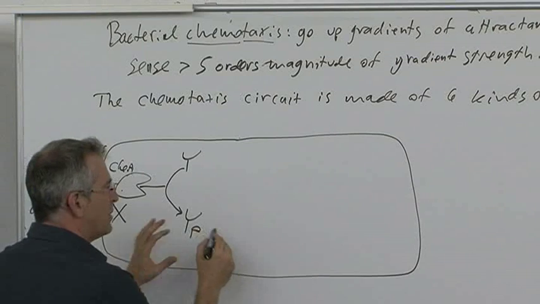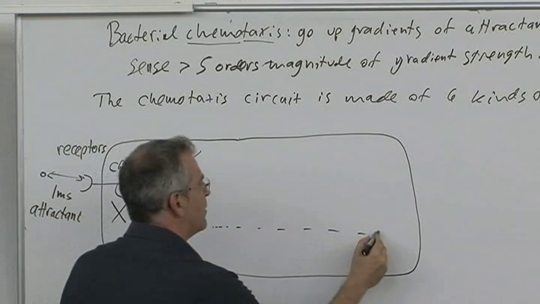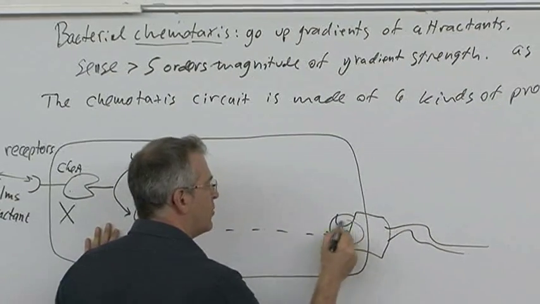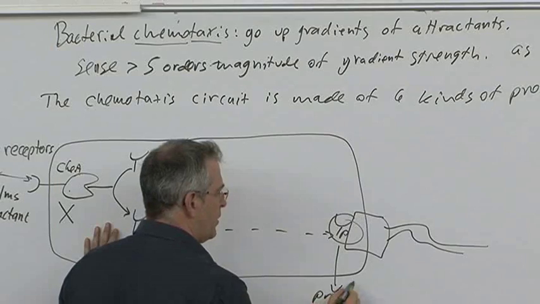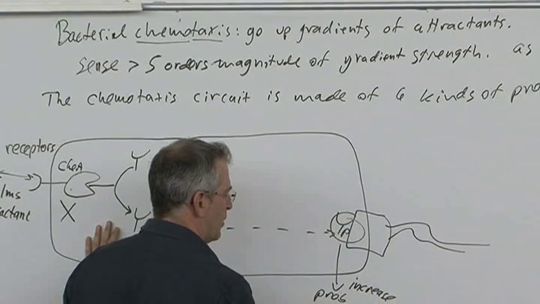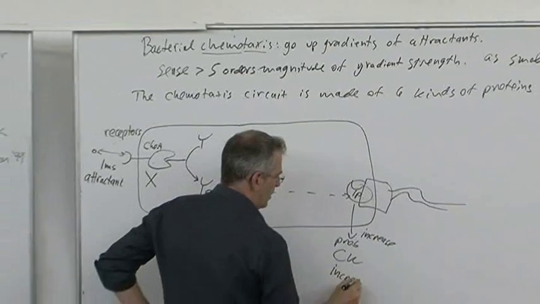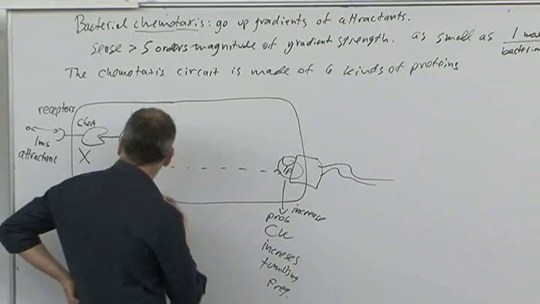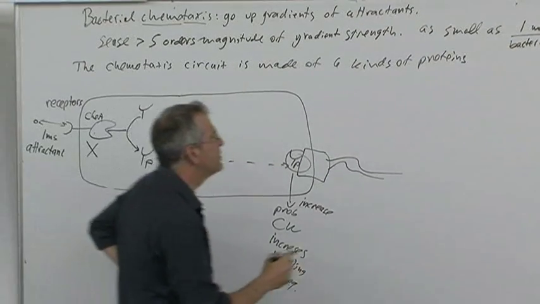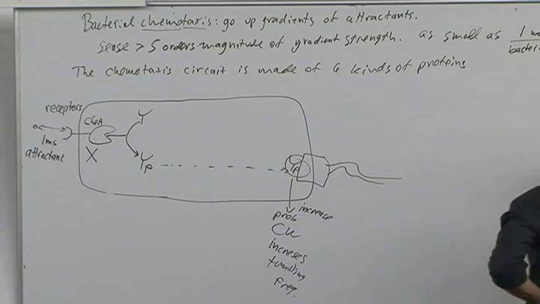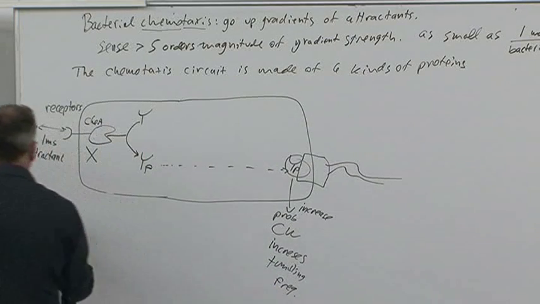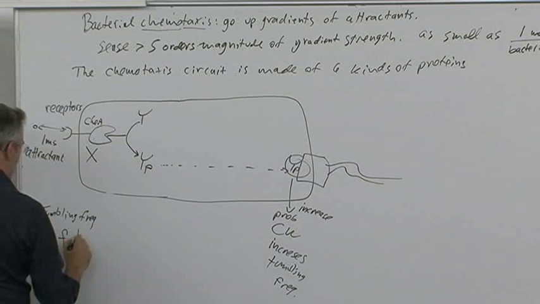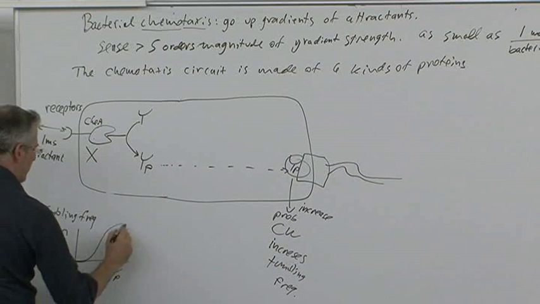And this Y phosphate clicks into a new conformation. It diffuses through the cell, reaches the motor, and binds the motor, and increases the probability of clockwise rotation, which means increases tumbling frequency. So tumbling frequency, our output, increases with Y phosphate.